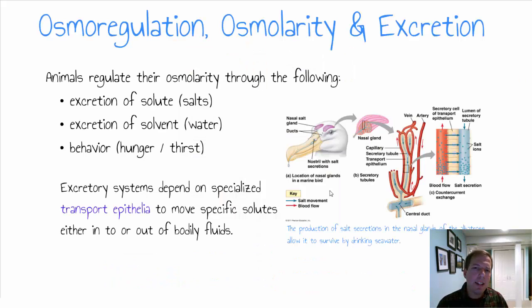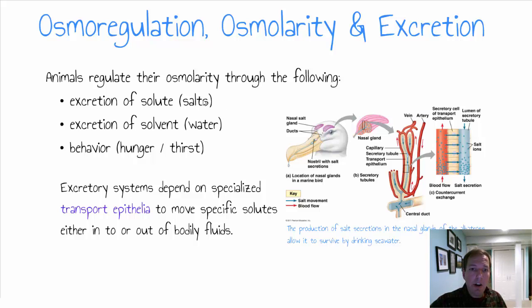Animals need to be able to regulate their internal osmolarity, which you can think of essentially as the balance between the concentration of salt in the body versus the concentration of water in the body. And that ratio needs to be maintained. So, in the production of urine, an animal can produce more or less concentrated urine.